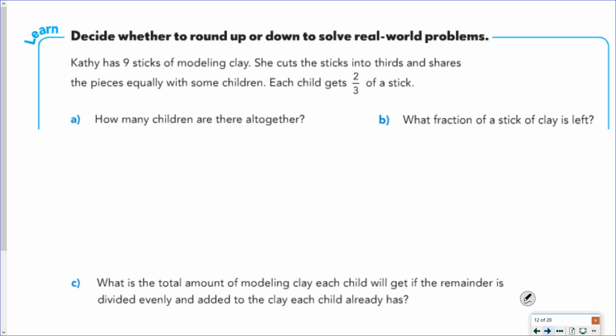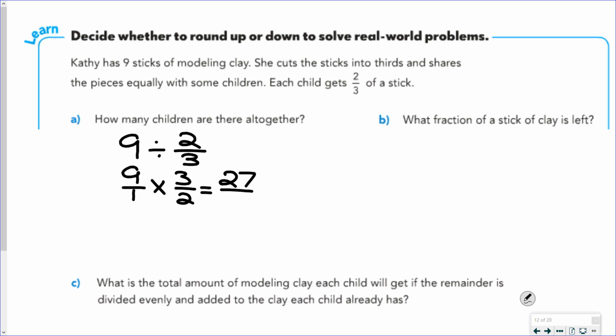So in order to find out how many children there are altogether, we need to figure out how many sections of clay that she can make out of those 9 sticks. So we take the 9 sticks and we divide it by the portion that each child gets, which is 2/3. So we keep the first number the same, change division to multiplication, and we use our reciprocal. 9 times 3 is 27. 1 times 2 is 2. 27 over 2 simplifies down to 13 and a half.